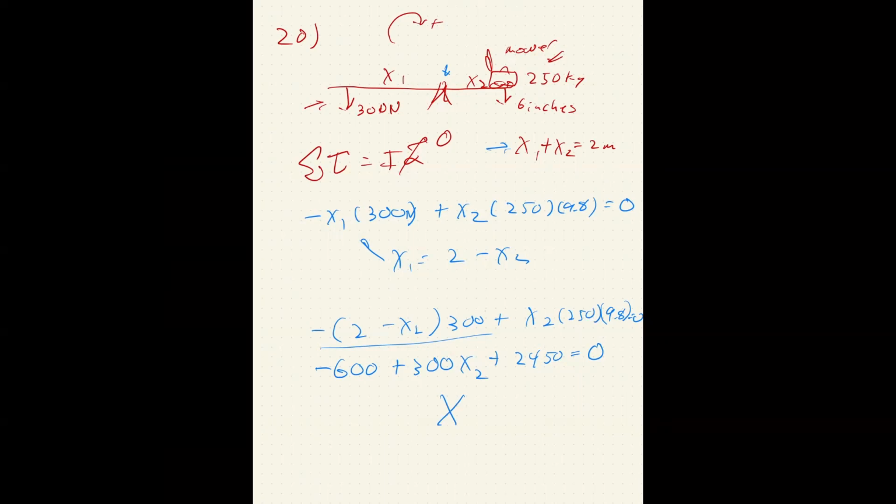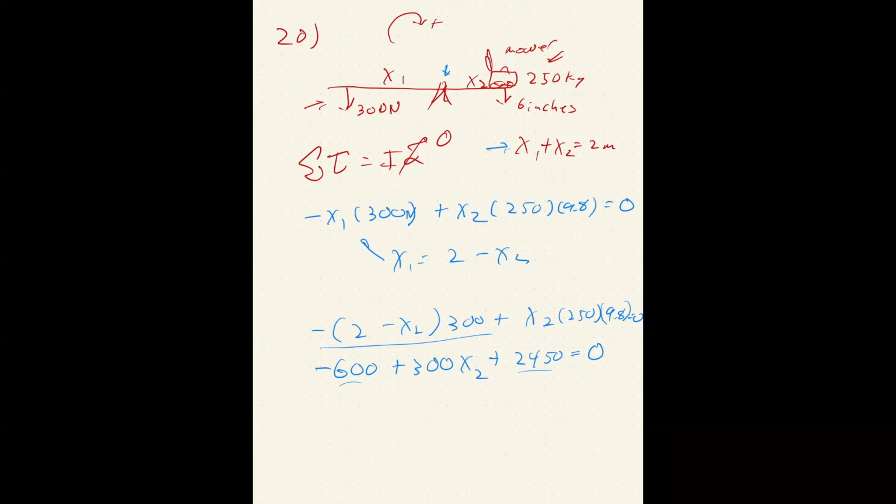Let me show you why first, because then you can understand where I'm coming from here. So if I do this out, I'm going to combine this and this for a second. If I combine those two together, I'm going to get 2450 minus 600.